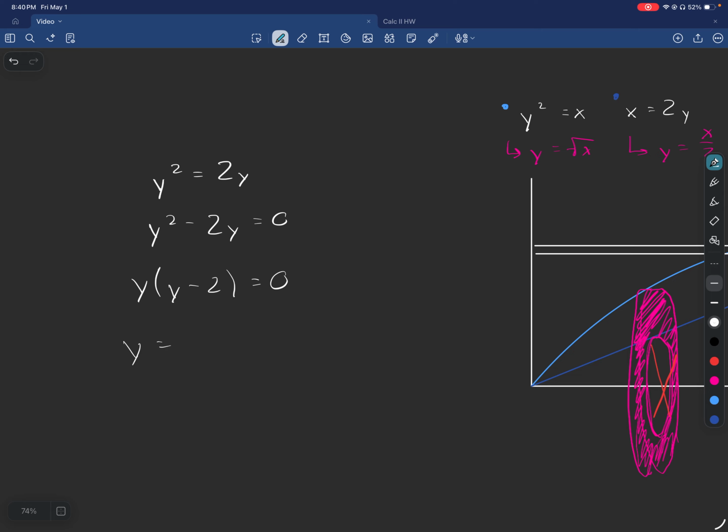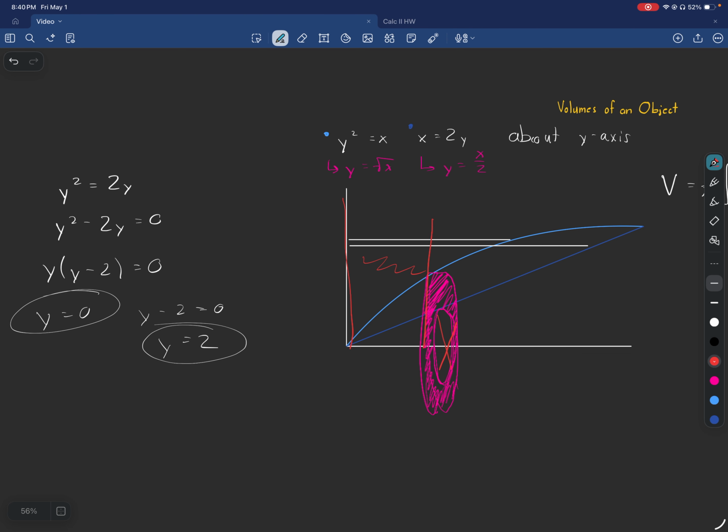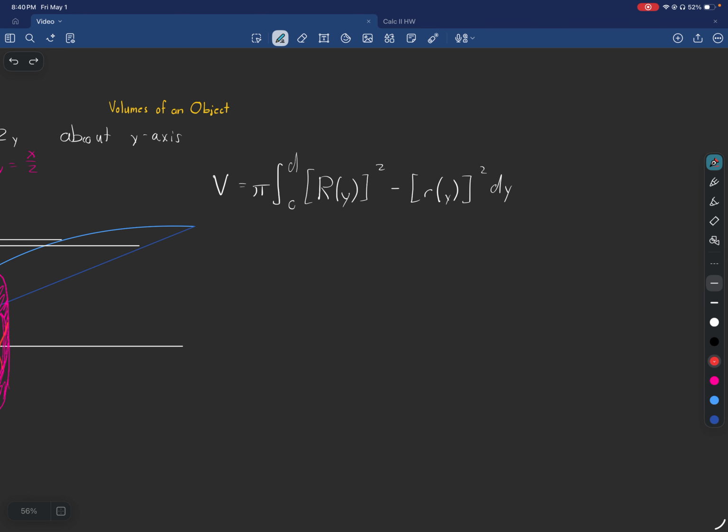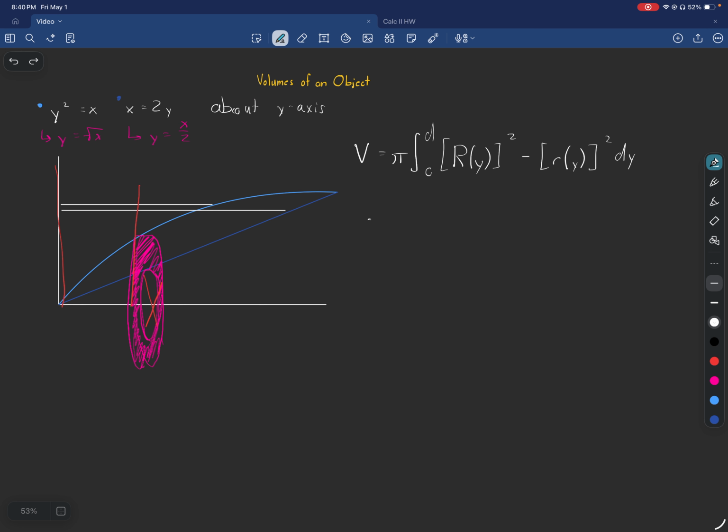now we see that y equals 0, y minus 2 equal to 0, will just equal 2. And those are our bounds. And writing them on here will just kind of be like this. So we'd be taking the volume here. So now plugging everything that we know into the proper areas.